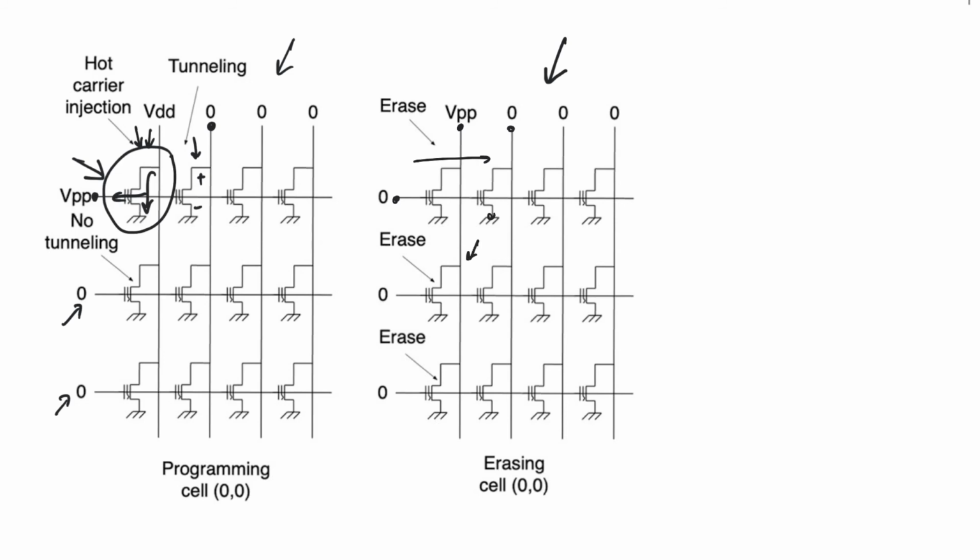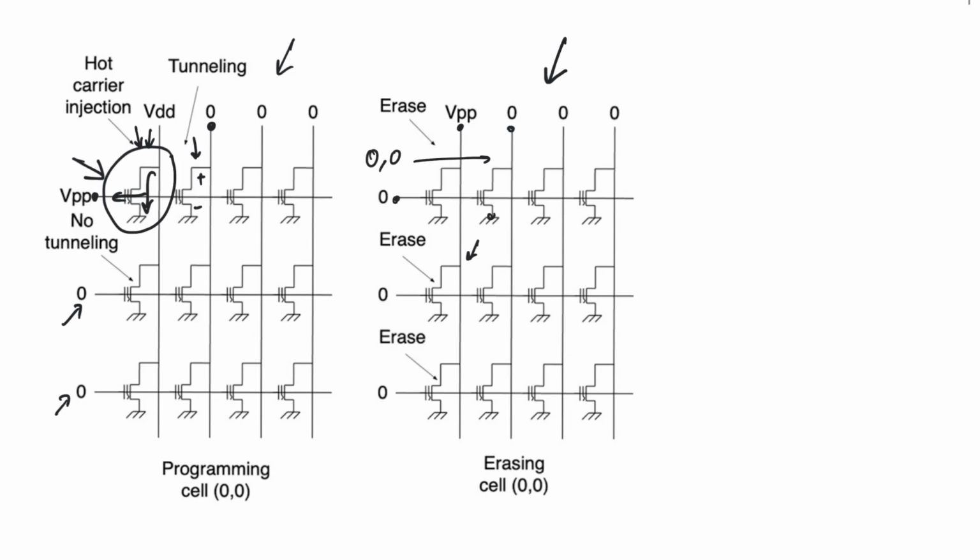The problem is with cells in the first column. All the cells in the first column observe the same terminal voltages as the cell we want to erase. There's no distinction between the terminal voltages seen in cell 01 and in cell 00, in cell 10, and in cell 20.